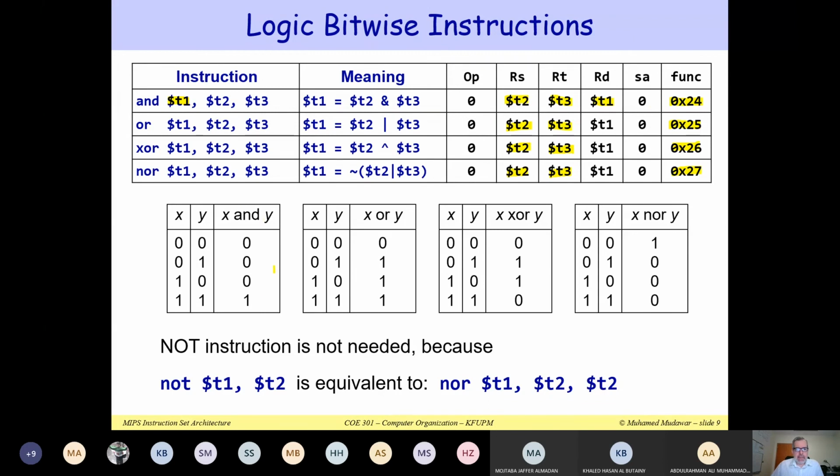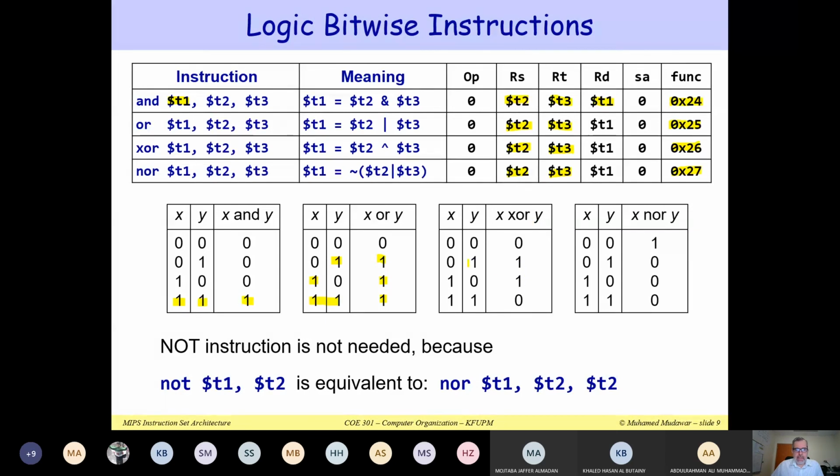Now the meaning of AND is very simple. When you AND 2 bits, both bits have to be 1 to get a 1, otherwise you get a 0. In the case of ORing, you get a 1 if either bit is a 1, and you get a 0 only if both bits are 0. In the case of XOR, it's an exclusive OR.